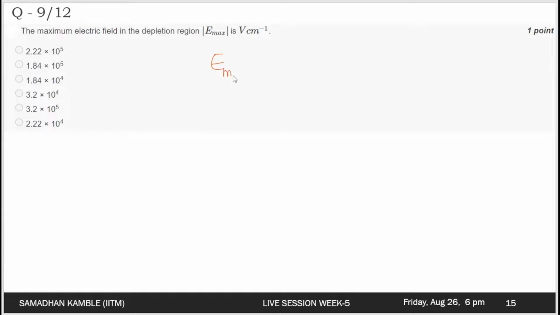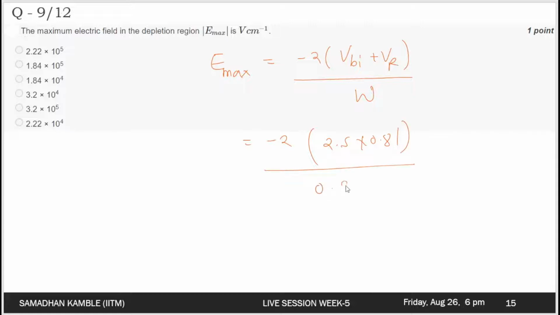E max is simply 2 times V built in plus the reverse biased applied voltage divided by the depletion width. So if you substitute it, you get 2.5 plus 0.81, the built-in potential, times 0.36 times 10 to the power minus 4 centimeter.